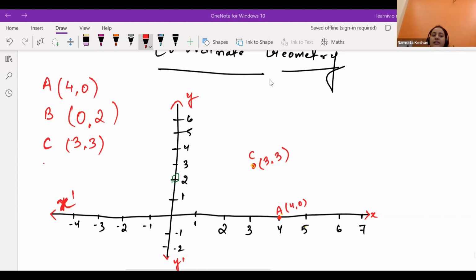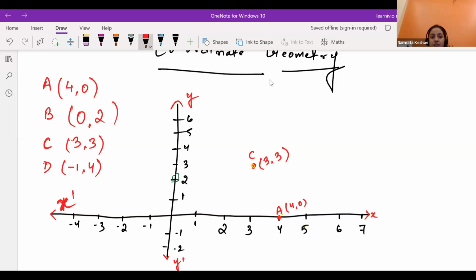A point D is there whose coordinate is -1, 4. Please locate it, Farhan. Farhan, can you hear me? Are you there? Yes, ma'am. Please locate the point whose coordinate is -1, 4.